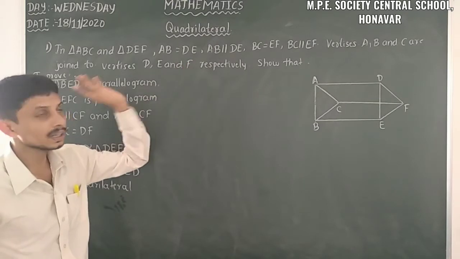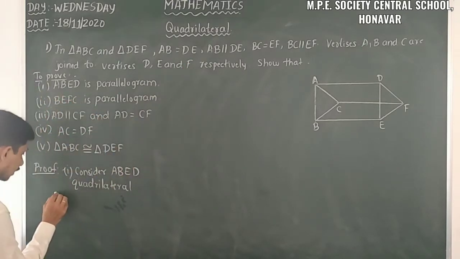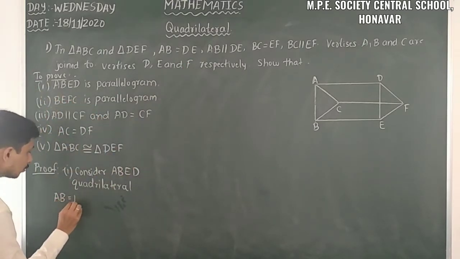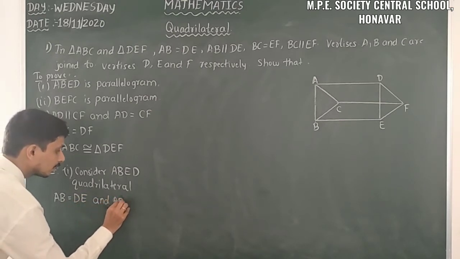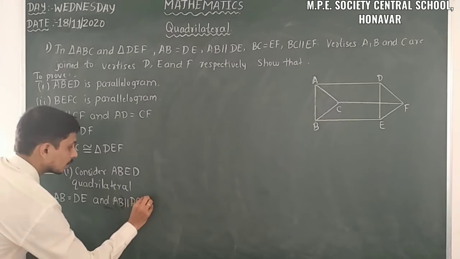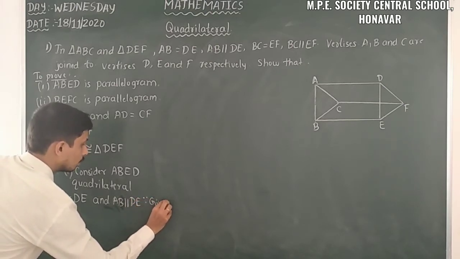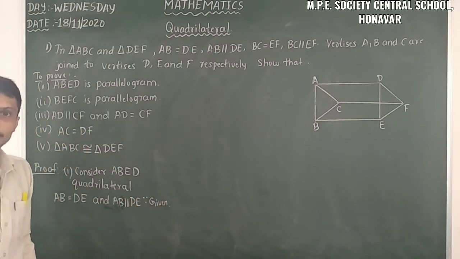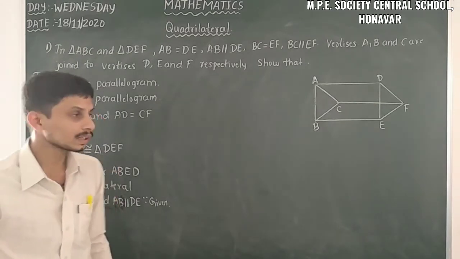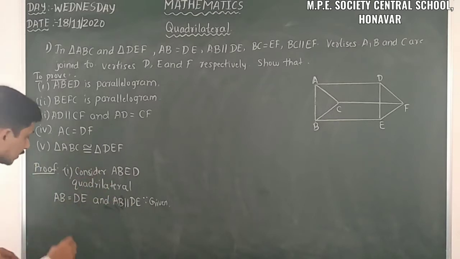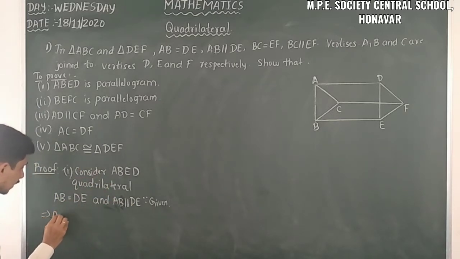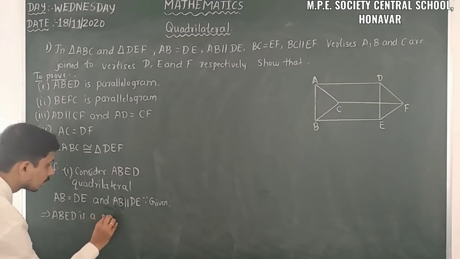AB is equal to DE and AB is parallel to DE, because it is given. Then from theorem 8.8 we can easily conclude that ABED is a parallelogram. This implies ABED is a parallelogram.